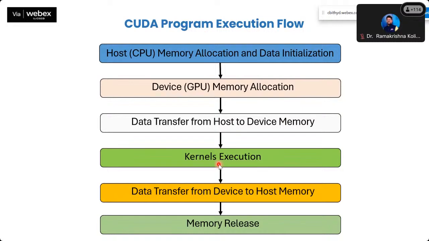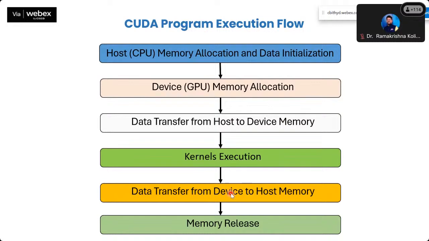Whenever we launch the kernel, it will use the data present in its device memory for the computation. Once the computation is done, it goes to the next step and transfers the device data. Whatever results it has generated will also be available in the device memory.